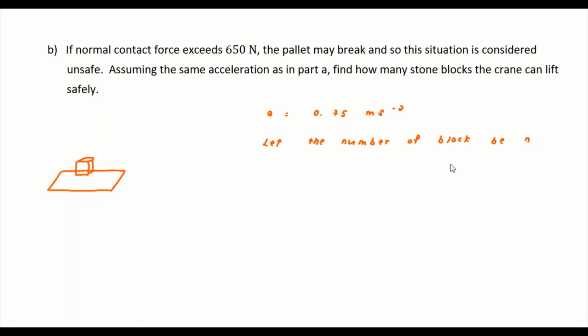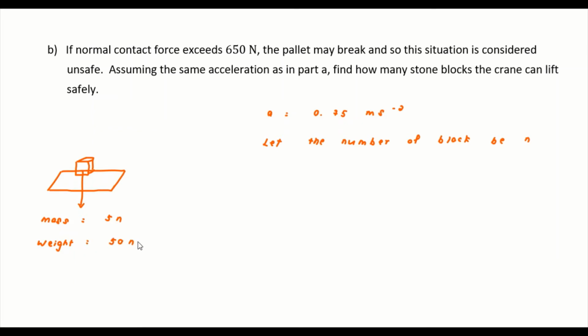One mass is 5 kg, so the total mass here will be 5n. If I have 3, then it's 3 times 5, and so on. So the weight here will be 5n times 10, which means it's going to be 50n.